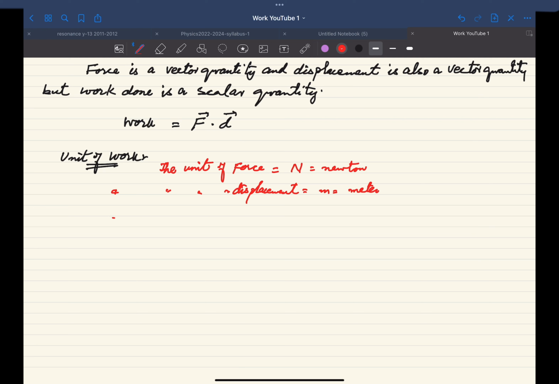So you can simply write the unit of work is nothing but the product of these two things, Newton and meter.